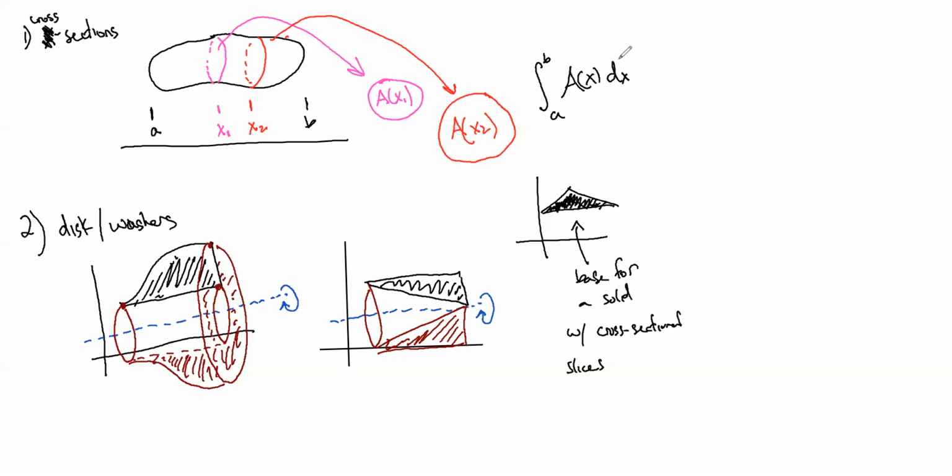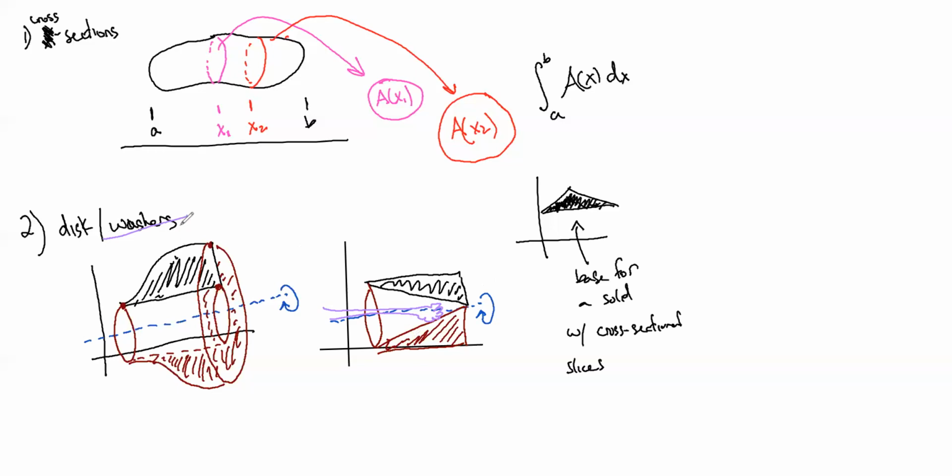So could I stick my hand through this? Up to a point. I can get my hand up to here, but I cannot punch all the way through because there's no opening here at the end. So I cannot technically stick my hand through this picture, but because there is this hollow region, I'm going to want to use the washer method again. So this is still a washer style problem.